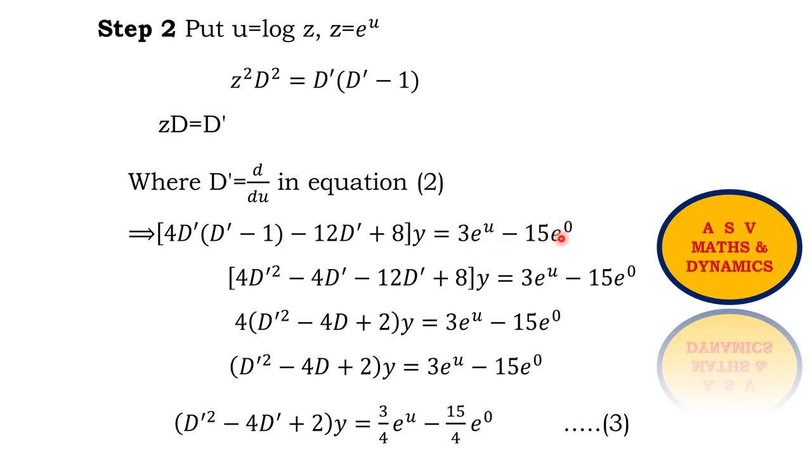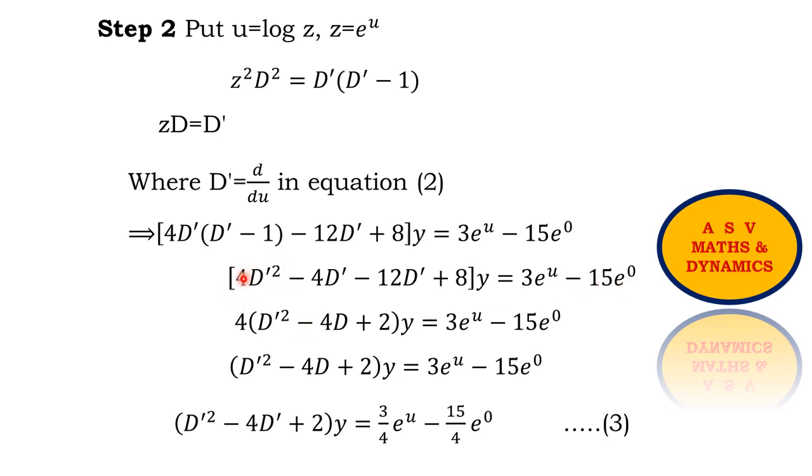E power 0 is equal to 1. Now you have to simplify: 4d dash, you multiply inside each one. So 4d dash squared minus 4d dash minus 12d dash plus 8, bracket y, equals 3 e power u minus 15 e power 0.